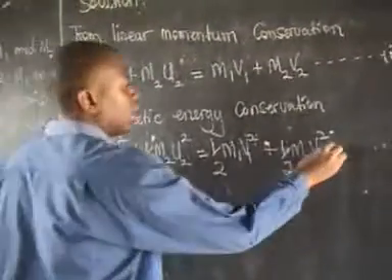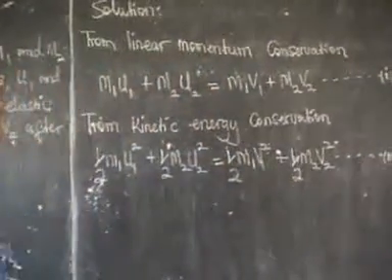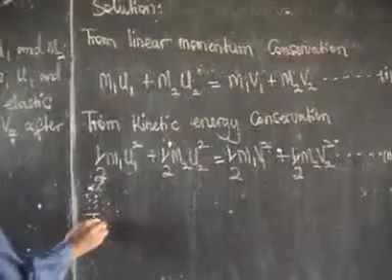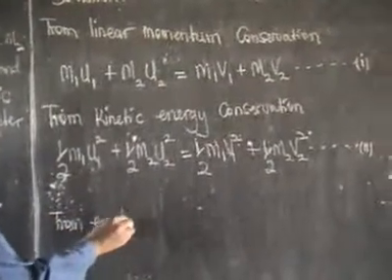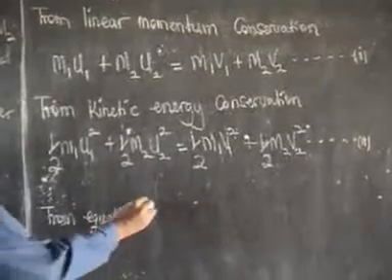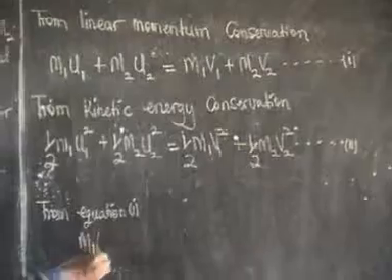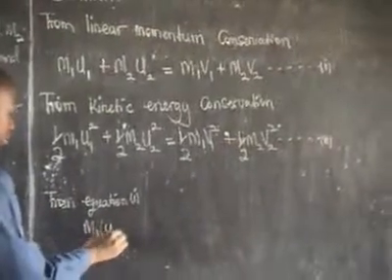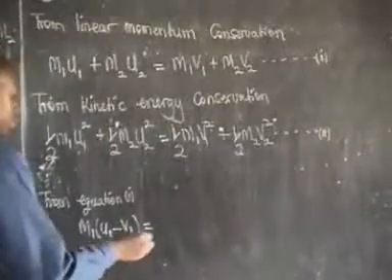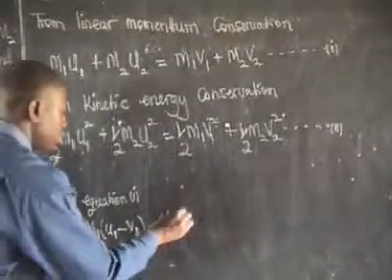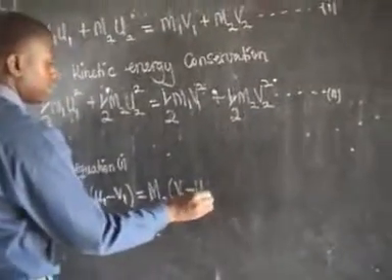So this is our second equation. Now from equation 1, we shall have M1 bracket U1 minus V1 is equal to M2 bracket V2 minus U2.